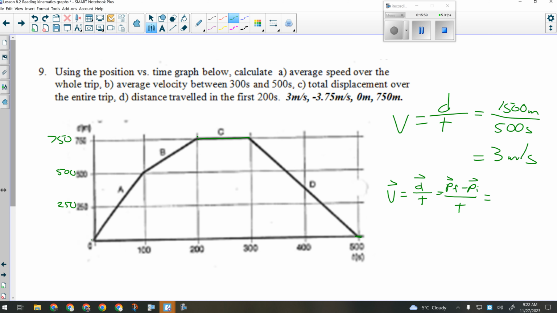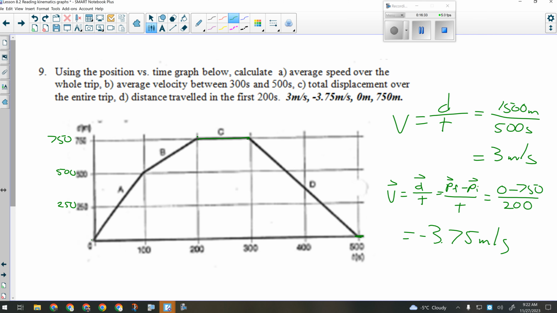What's my final position at 500 seconds? 0. What's my initial position at 300 seconds? 750. How many seconds between 300 and 500? 200 seconds. So negative 750 divided by 200 should give me negative 3.75 meters per second.